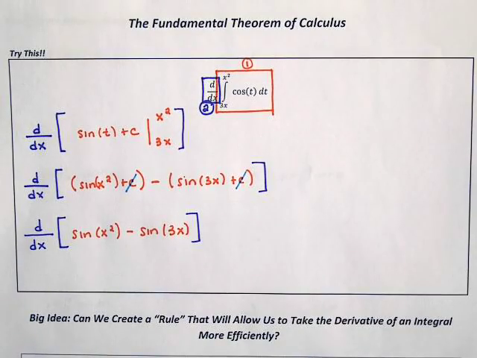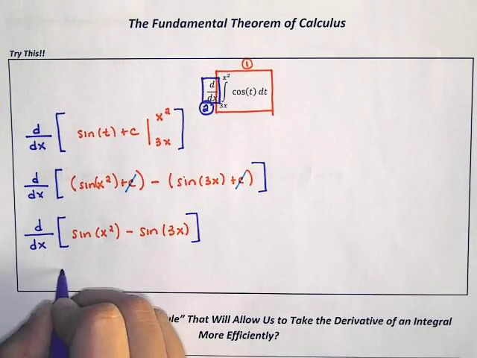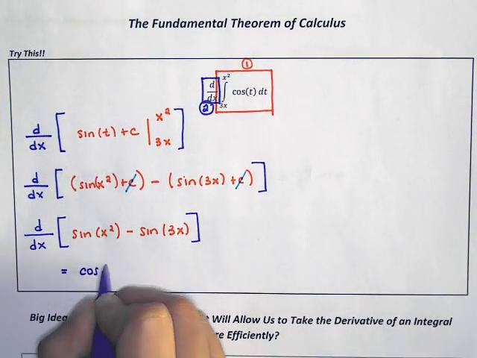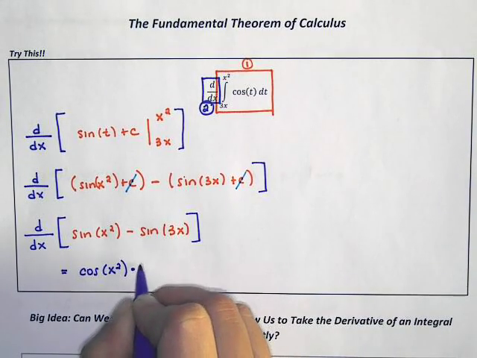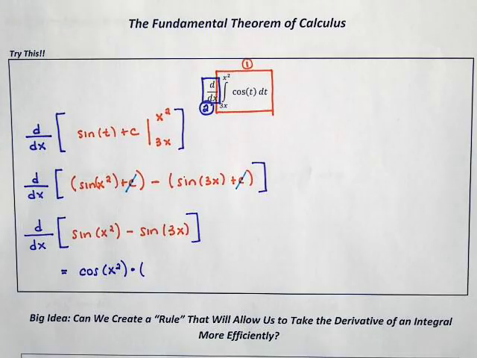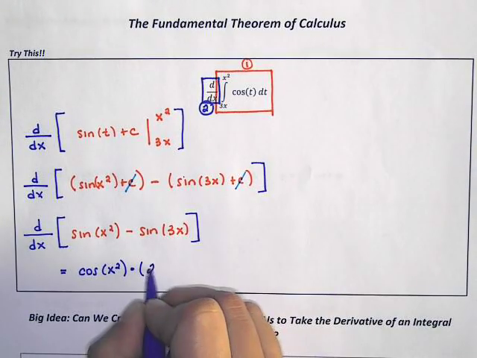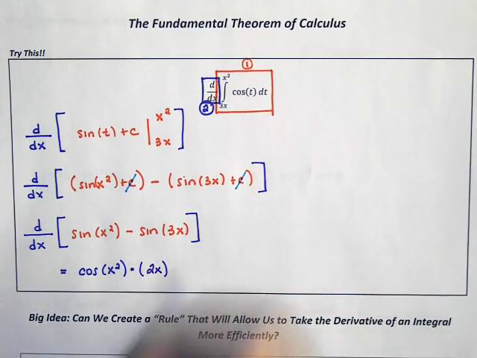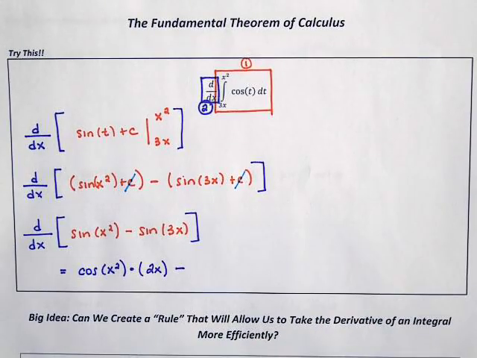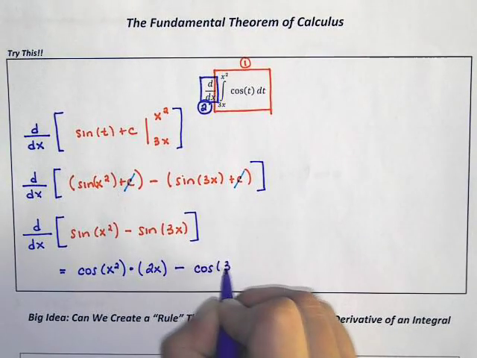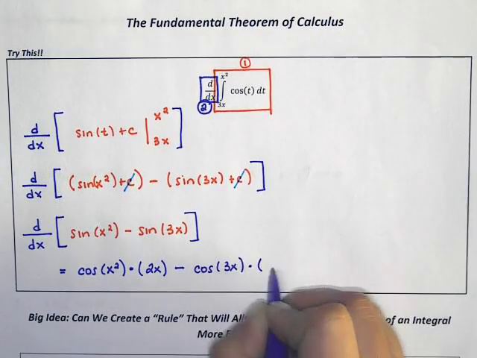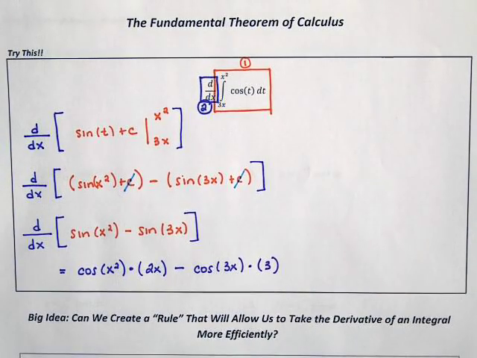So the derivative of sine of x squared would be cosine of x squared times the derivative of the inside function, because we need to do chain rule. So it would be times 2x, minus, and then the derivative of sine would still be cosine of 3x times the derivative of the inside function, which would be 3.